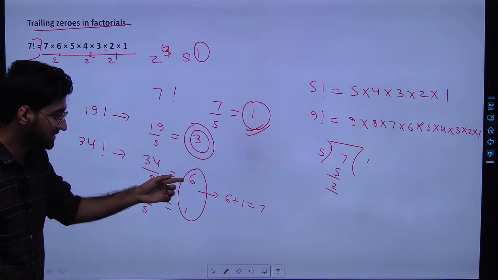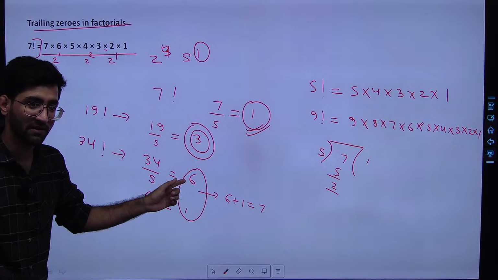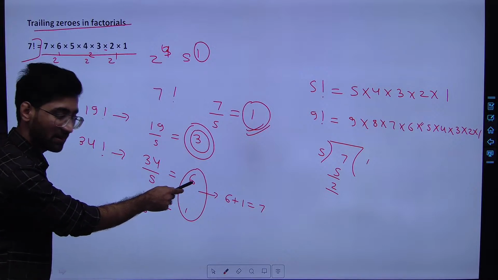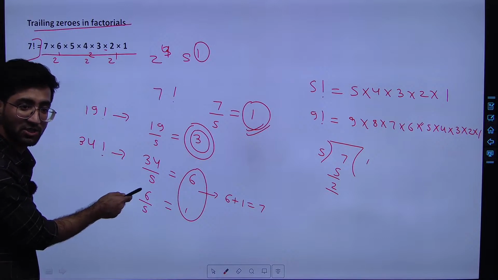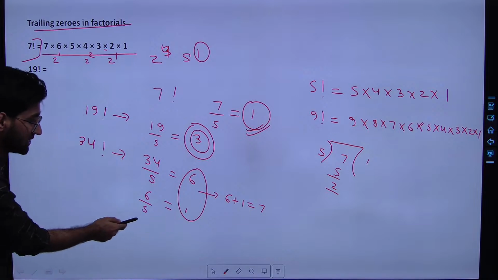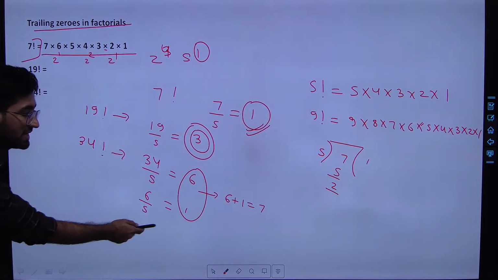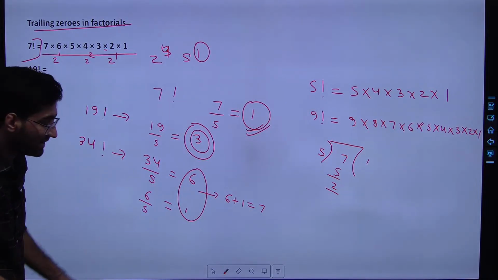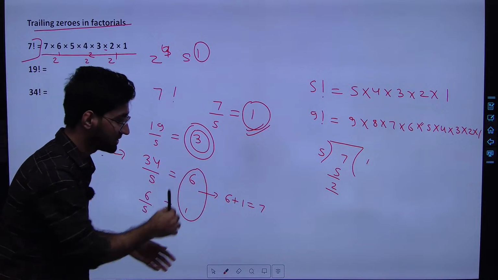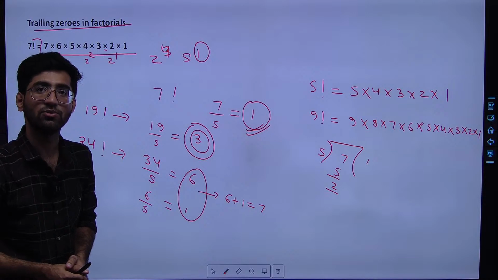But in this case, when you divided 34 by 5, you get 6. But 6 is divisible by 5. So you divided 6 by 5 and you get quotient 1. But now 1 is not divisible by 5. But we added these values: 6 plus 1, that is equal to 7.